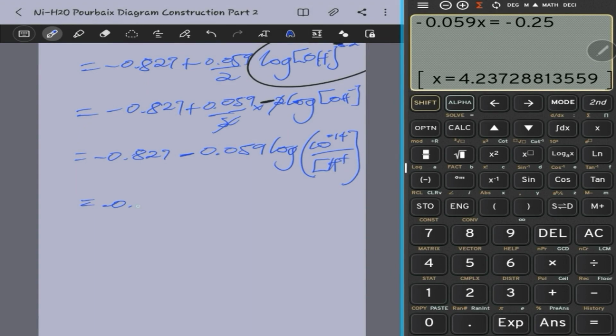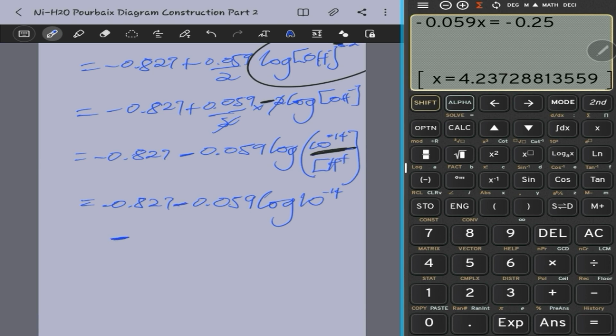So 0.827 minus, if you try to expand the log, that's what we're trying to do here, expanding the log. So we have a minus 0.059 log 10 to the power minus 14. And because of this division here, as we discussed, we end up getting another minus. So this is one, this another one.